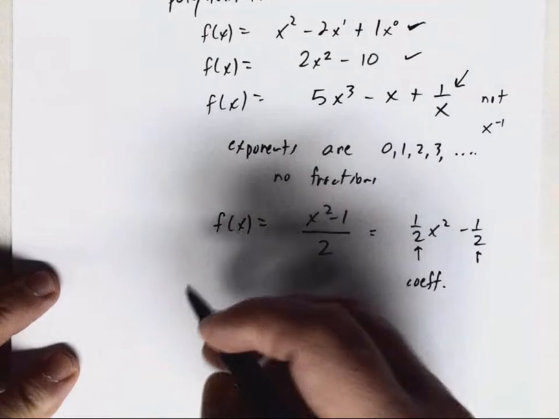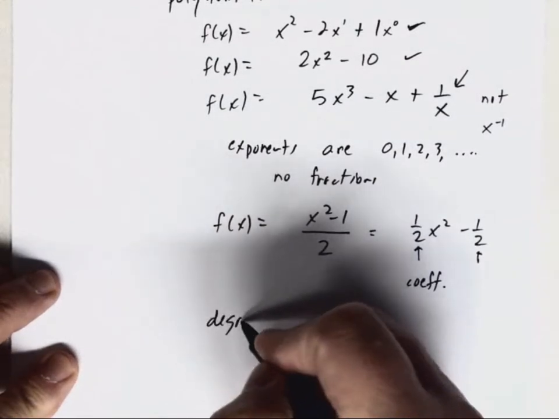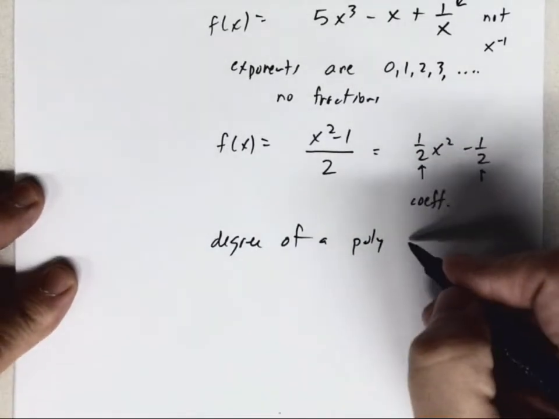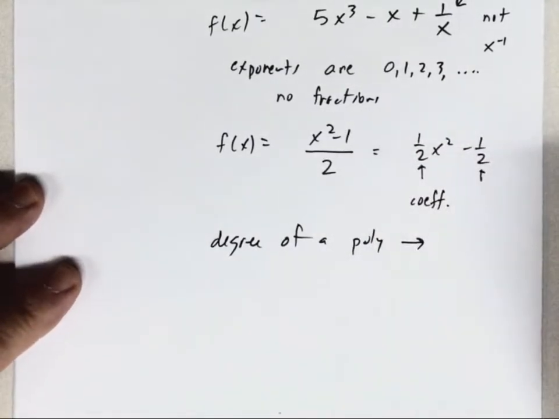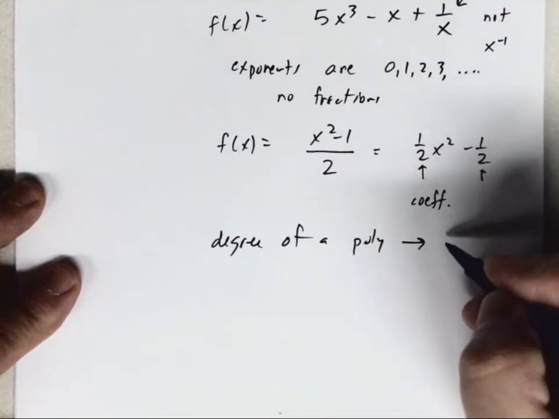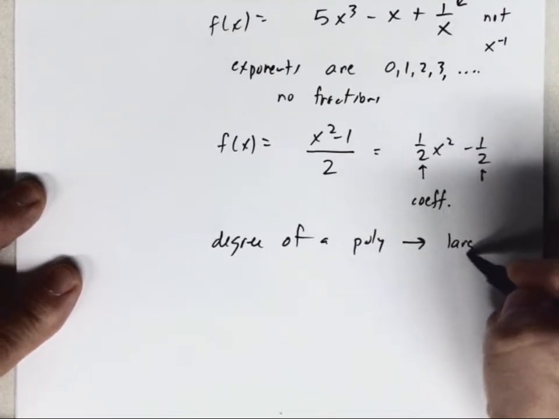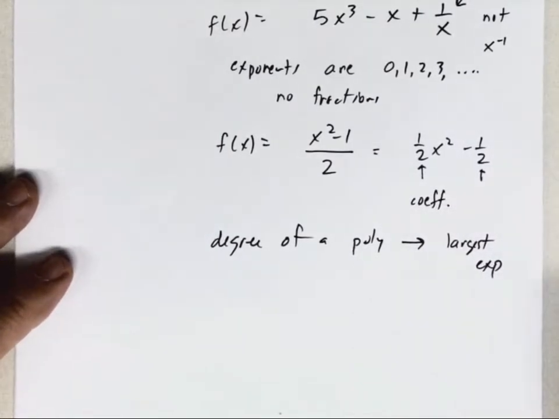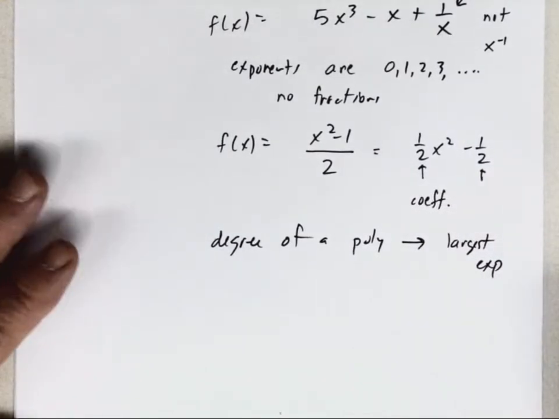Now we have something that you may hear about called the degree of a polynomial. The degree of the polynomial is simply you determine the largest exponent on the variable.